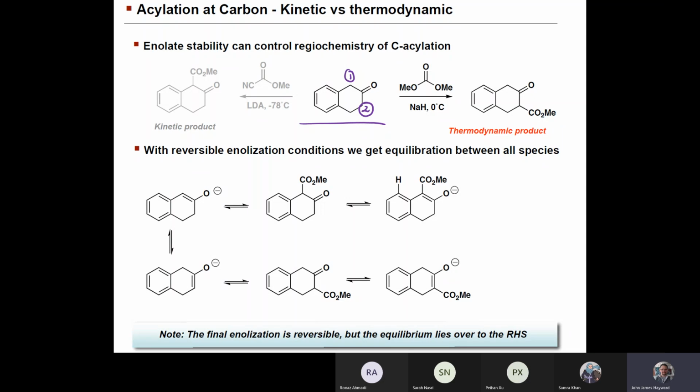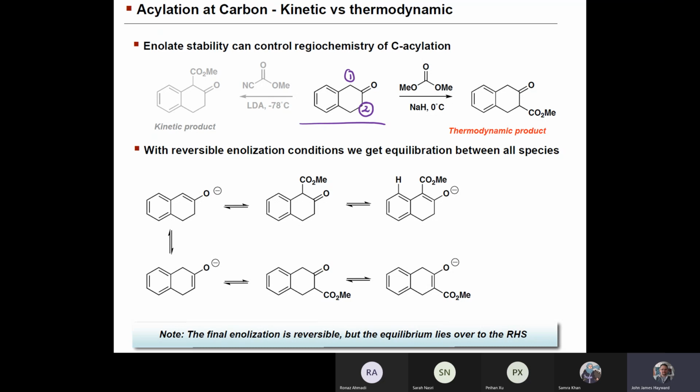Okay, so we take our enolate. Let's just look at all of our possible enolate conditions. If you deprotonate here at the 1 position, then you get the kinetic enolate. Kinetic enolate is formed at the most acidic position under these conditions.